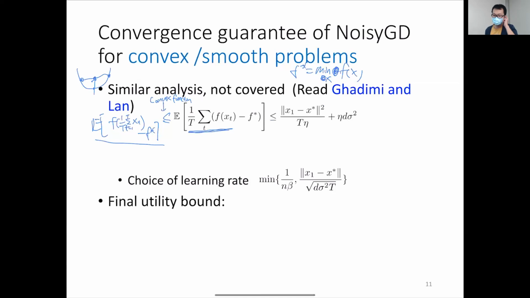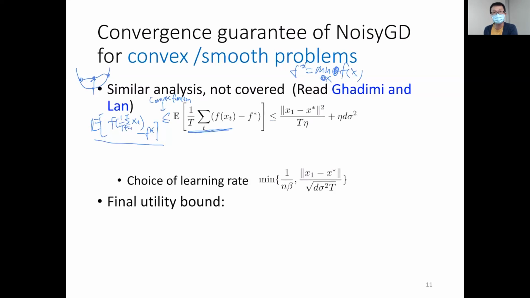Okay, and the right hand side is also interesting. It looks very similar to the terms that we got previously, except that instead of the numerator depending on the suboptimality at the initialization, now the numerator depends on how far away you are from the optimal solution at the initialization.